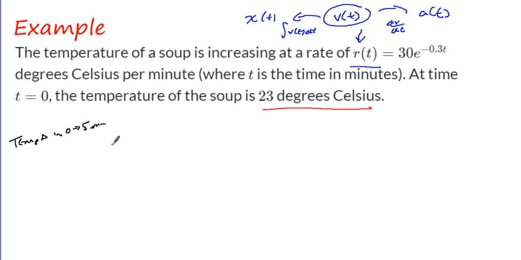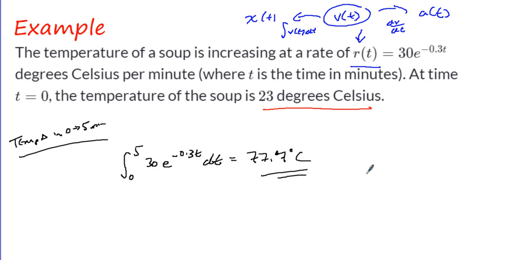Well, what do I need to do? I'm going to take the integral from 0 to 5 of 30e^(-0.3t) dt. If I do that on my calculator, I end up getting about 77.7 degrees Celsius. That is the change of the temperature.